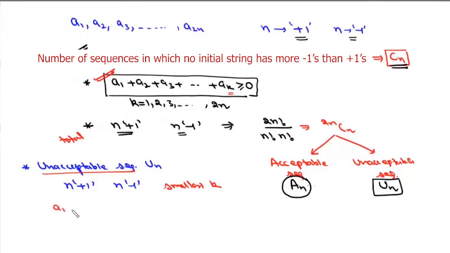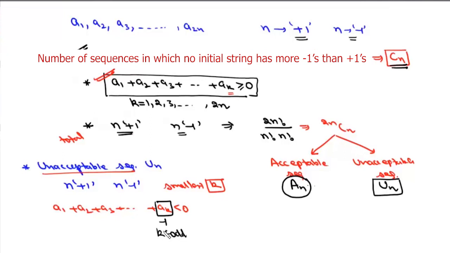So in that case, we'll have a1 plus a2 plus a3 up to ak, and it must be less than 0, and this k is the smallest one in this sequence. Now since this is the first unacceptable point, it clearly means that this ak must be minus 1, and this k must be an odd number.